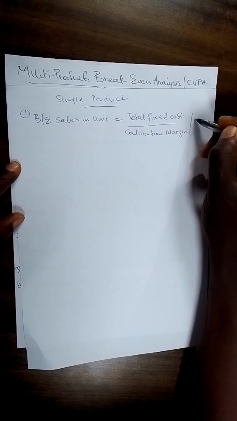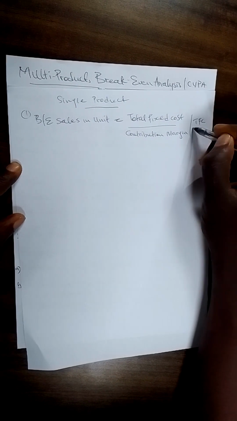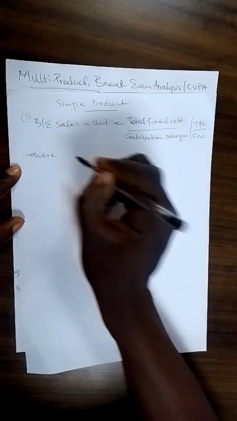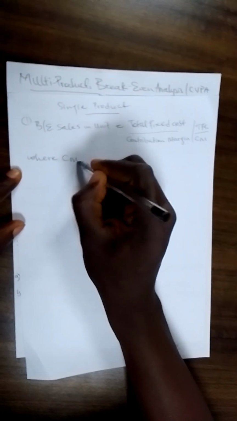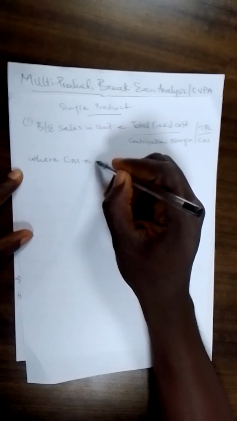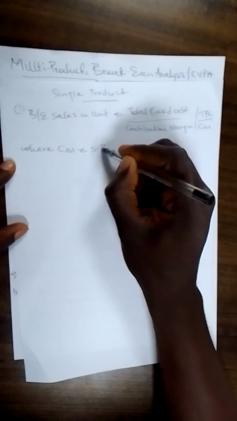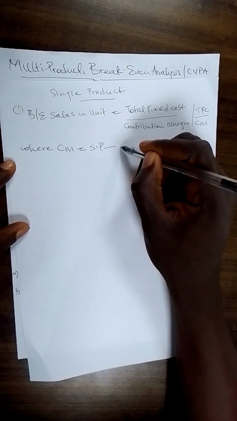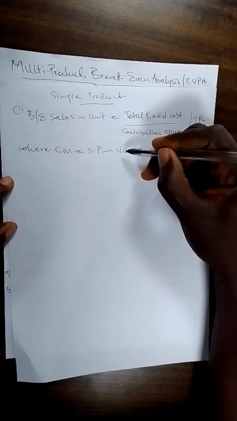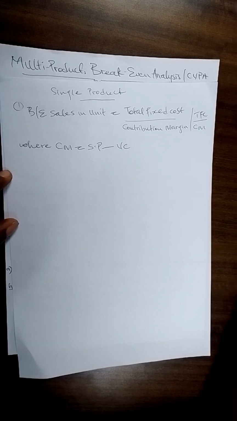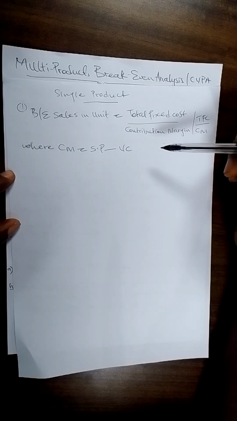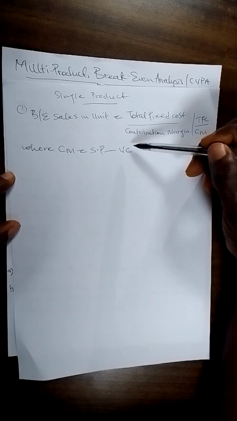That is total fixed costs, TFC, all over CM, where the CM is computed by looking at the selling price and the variable costs. So CM is computed by deducting the variable cost from the selling price. This formula is used whenever an organization is producing one product.